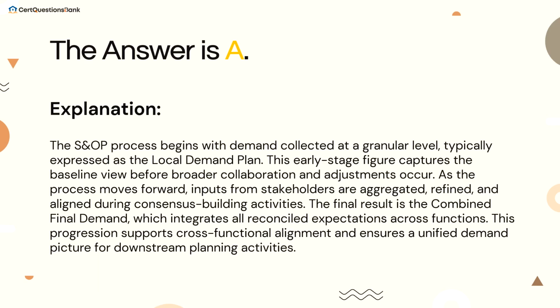As the process moves forward, inputs from stakeholders are aggregated, refined, and aligned during consensus building activities. The final result is the combined final demand, which integrates all reconciled expectations across functions. This progression supports cross-functional alignment and ensures a unified demand picture for downstream planning activities.